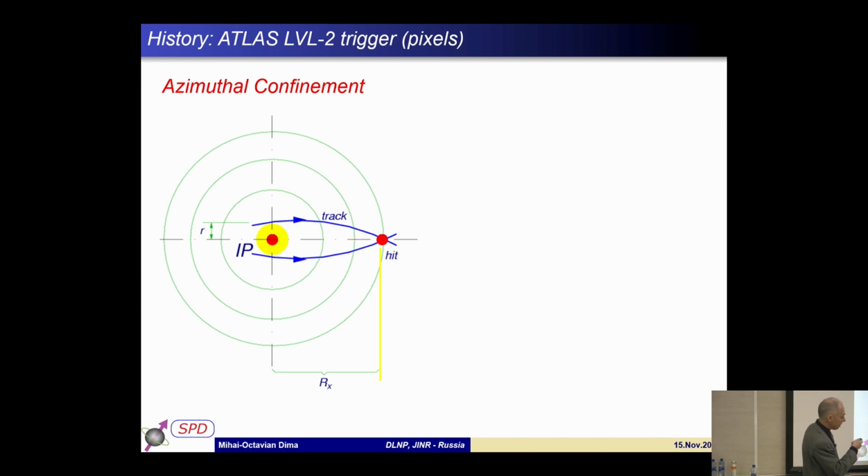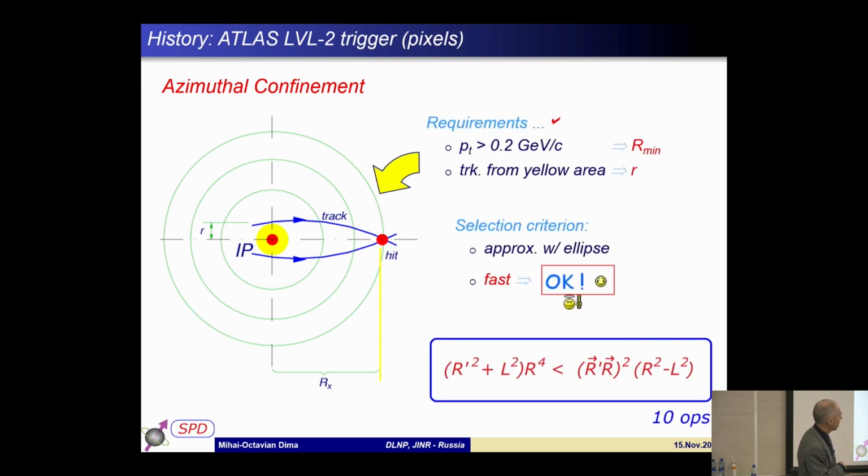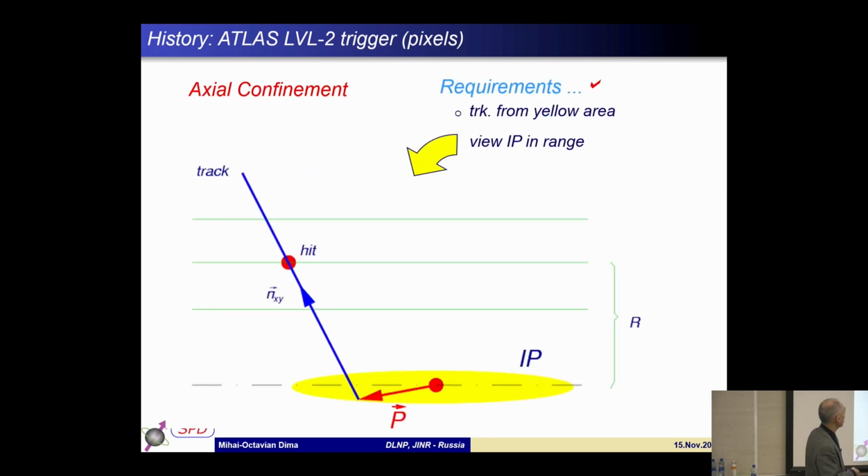It might not look like half an ellipse, but to me, this area looks like half an ellipse, because half an ellipse is very fast to calculate. And you have this formula for half an ellipse, and it takes only 10 operations to calculate this, where R and R prime refer to this hit and some other hit in the middle, because you start from the outside in. And actually, the same thing.